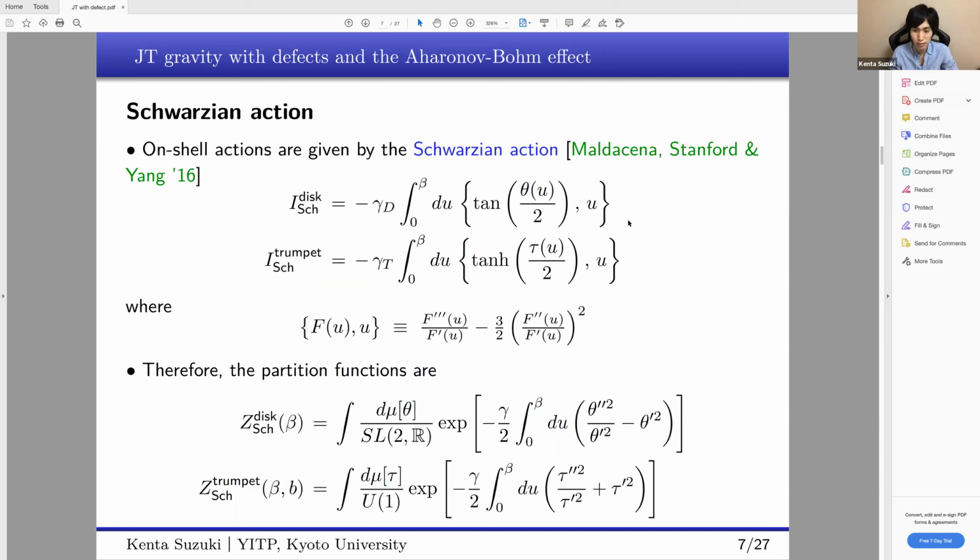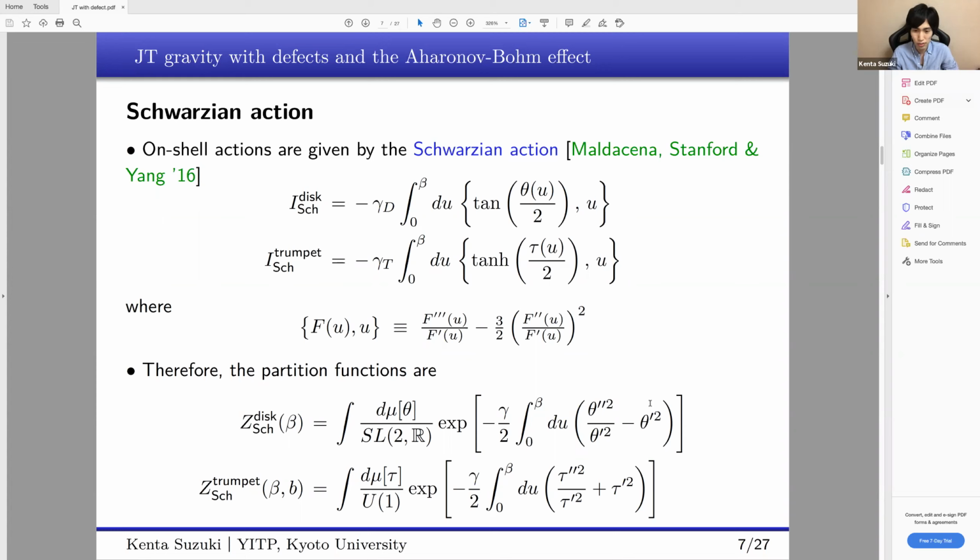I will explain how to get these expressions, but here let's just assume we get these actions. And this is a Schwarzian derivative, as you know very well. Then the corresponding partition functions are given by these expressions.